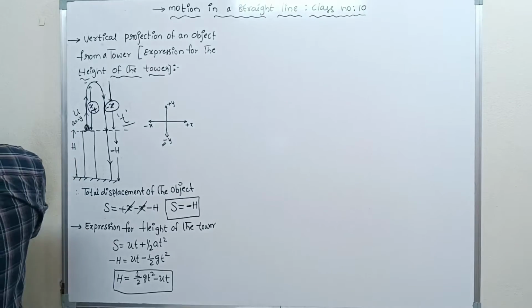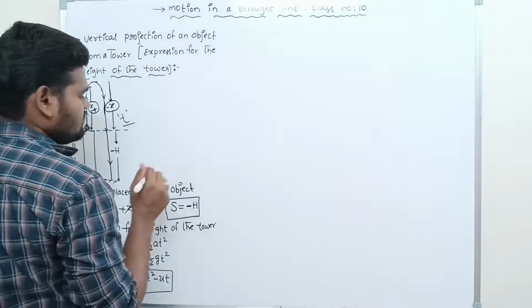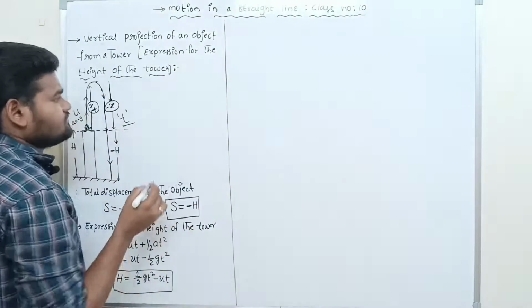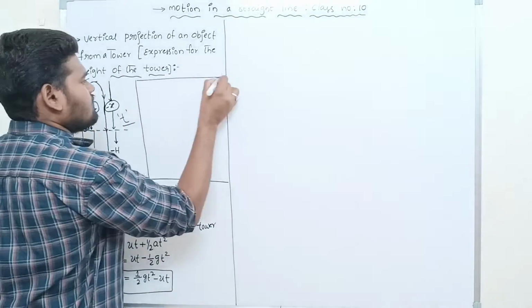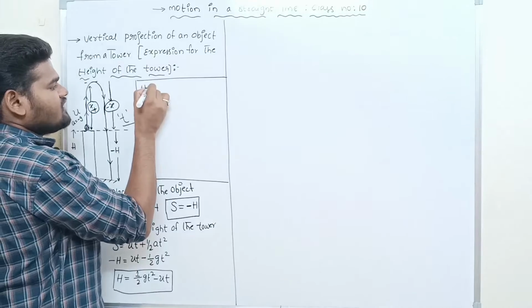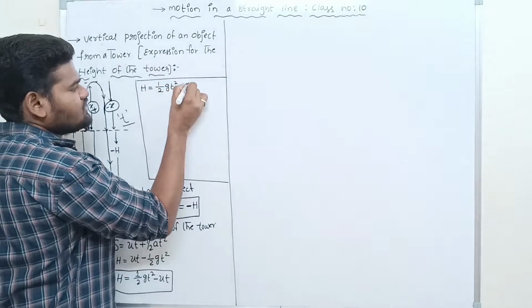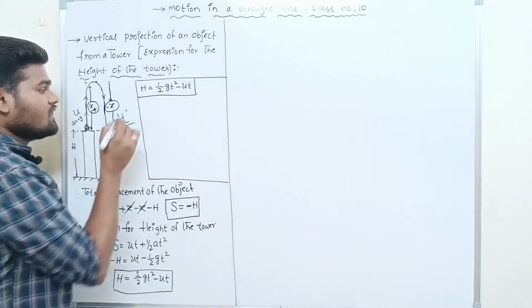Are you getting any doubts? Okay. Have a look. Right. So what is the height of the tower we got? H is equals to half gt square minus ut. Okay.